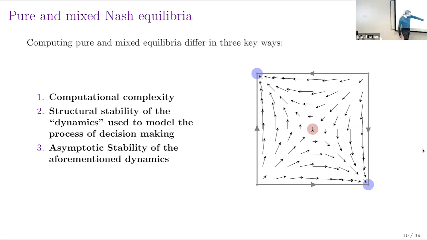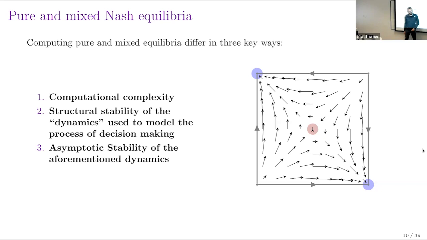For example, this vector field captures the flows of the replicator dynamic, one of these dynamics that is very popular in population games. And if you just see, for this particular graph, it's a game which is a coordination game. The flow goes to these 2 pure Nashes.